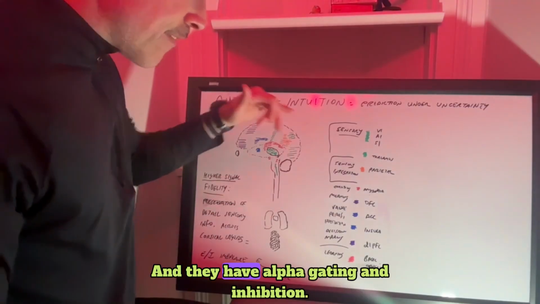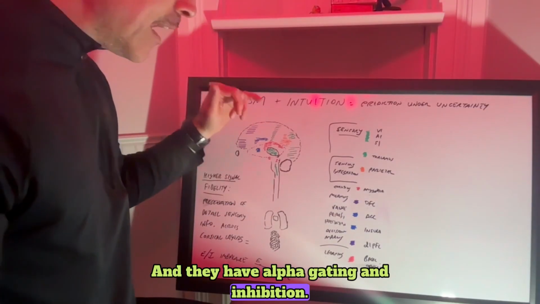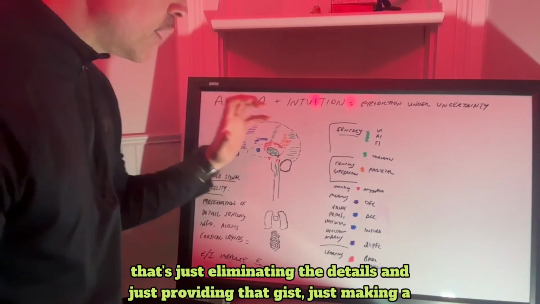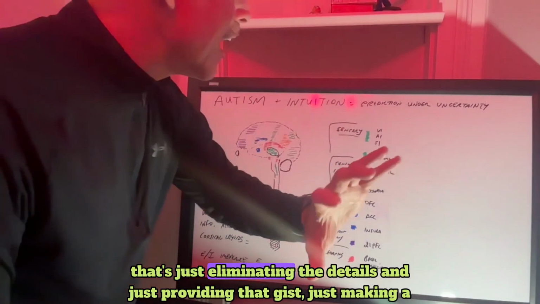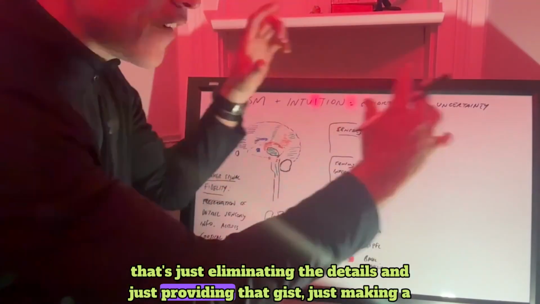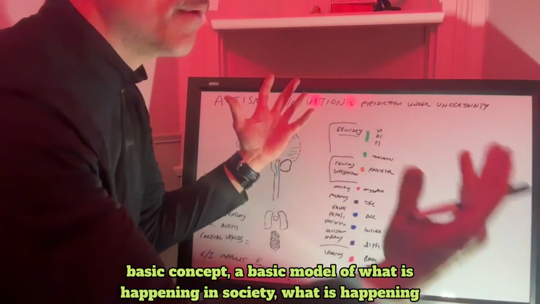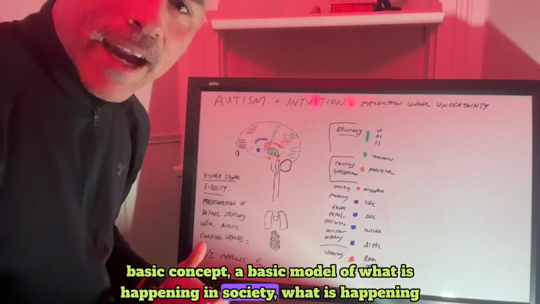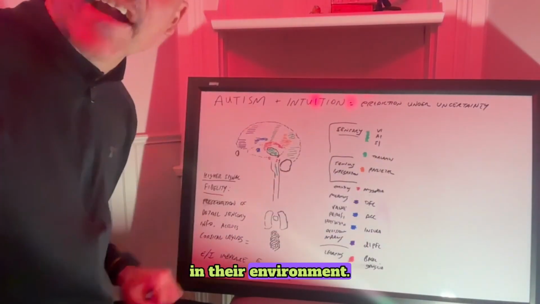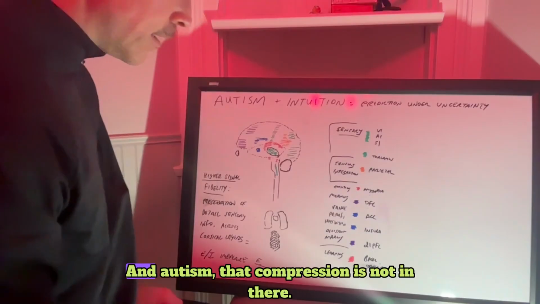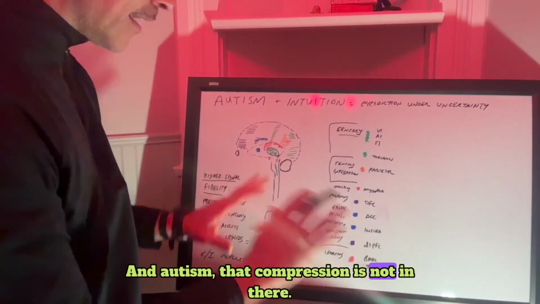And they have alpha gating and inhibition that's just eliminating the details and just making a basic concept, a basic model of what is happening in society, what is happening in their environment. Okay, in autism, that compression is not in there.